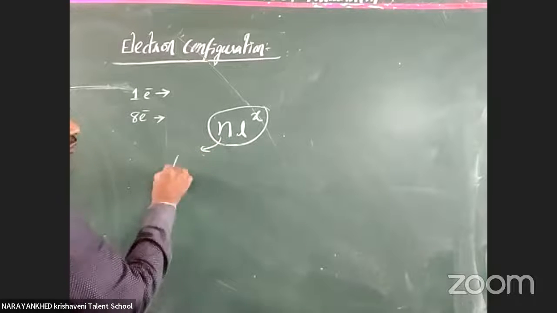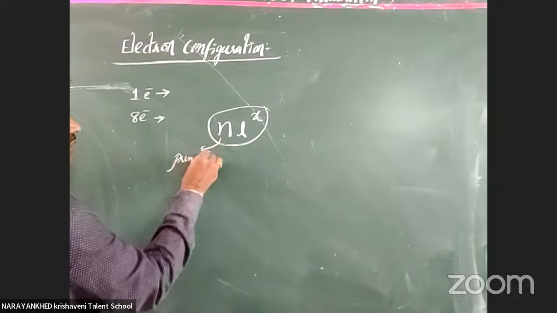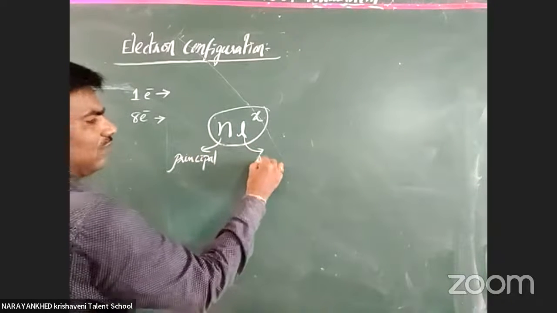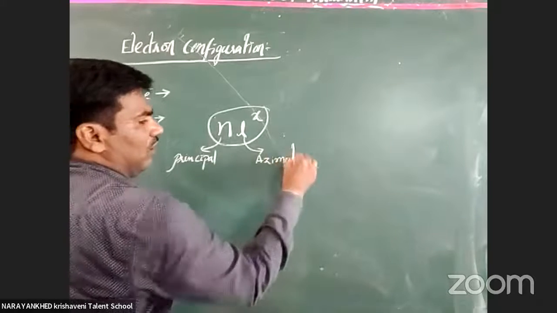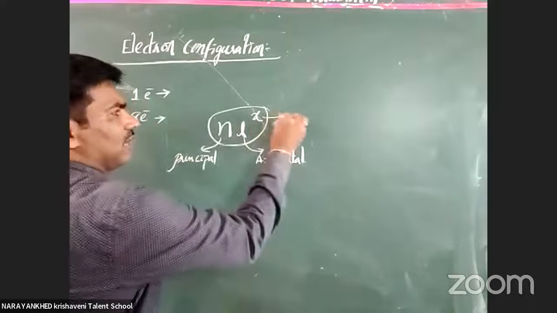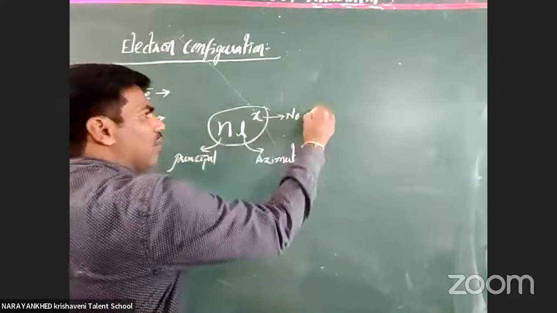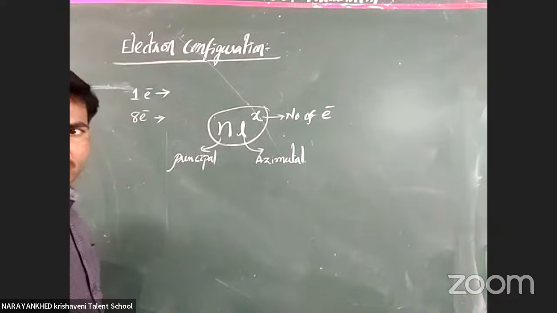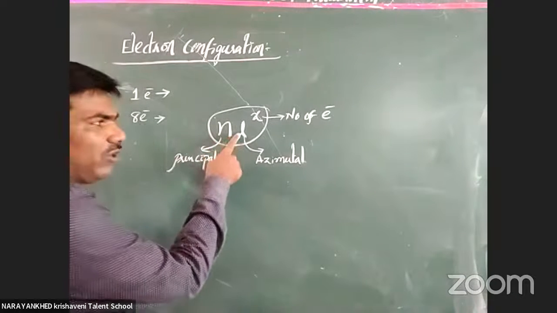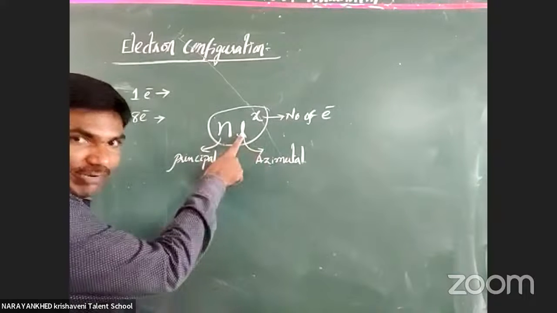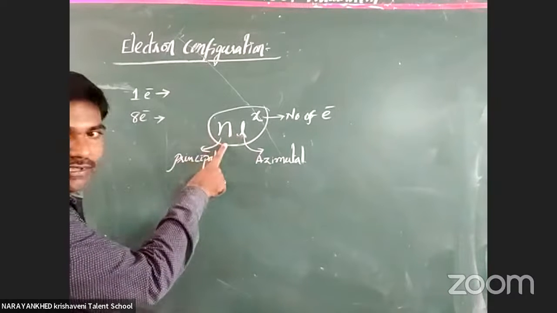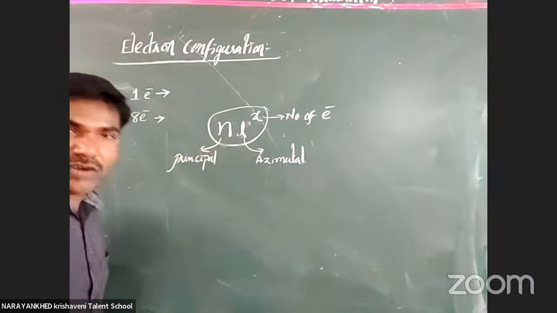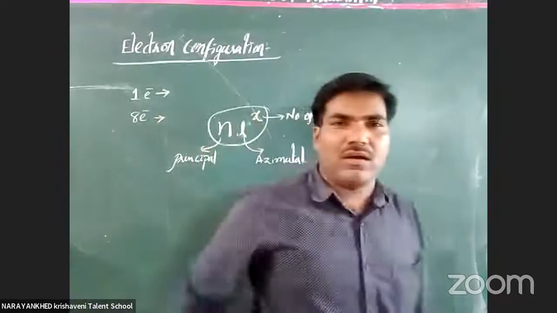Here, n is the principal quantum number, and l is the azimuthal quantum number, which indicates the orbital. The superscript indicates the number of electrons present in the orbital. Got it or not? Clear or not?